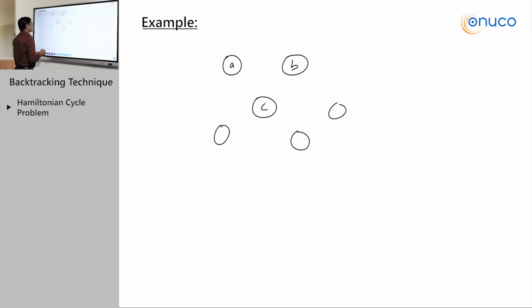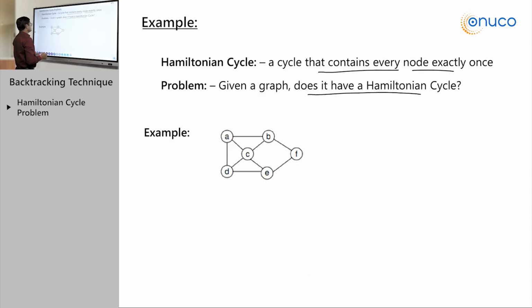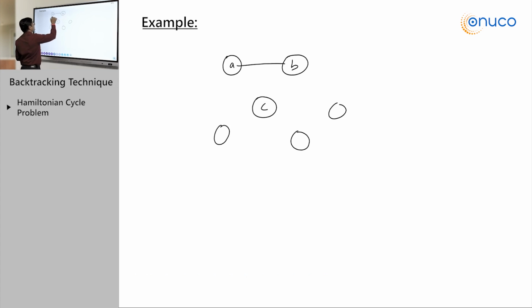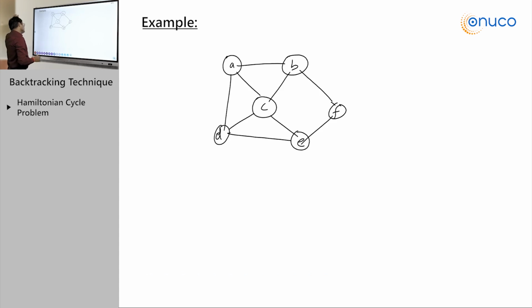So it is A, B, C, D, we have one more vertex, A, B, C, D, E. So let us see this example.